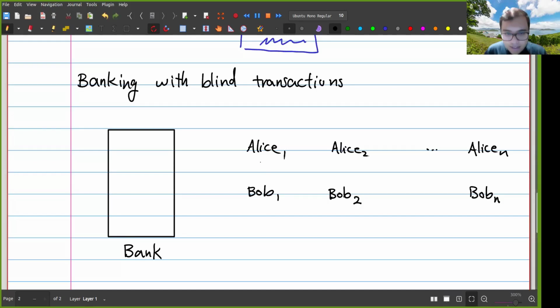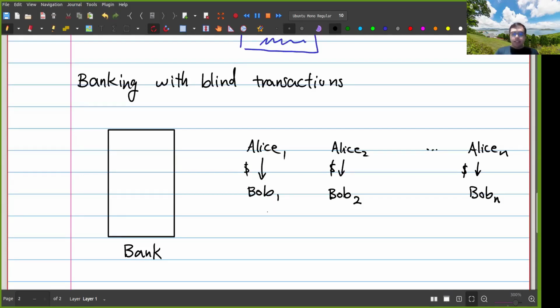And in each case, Alice wants to transfer some amount of money to Bob. So let's say they all want to transfer $1. I say they all want to transfer $1 because if you want to transfer multiples of $1, you can just consider that as several transfers of $1, right? So it's just $1 always going from Alice to Bob.